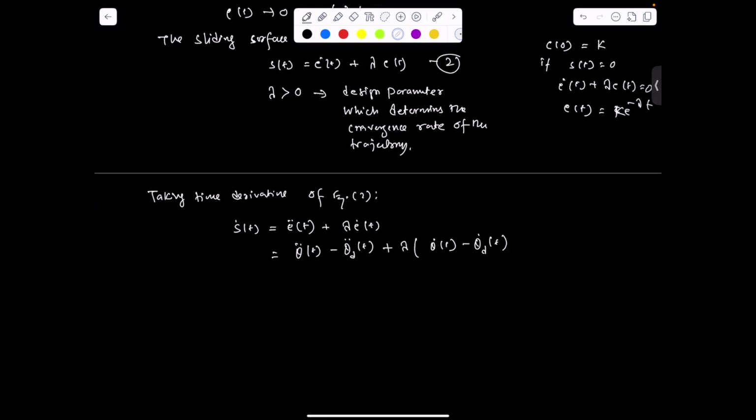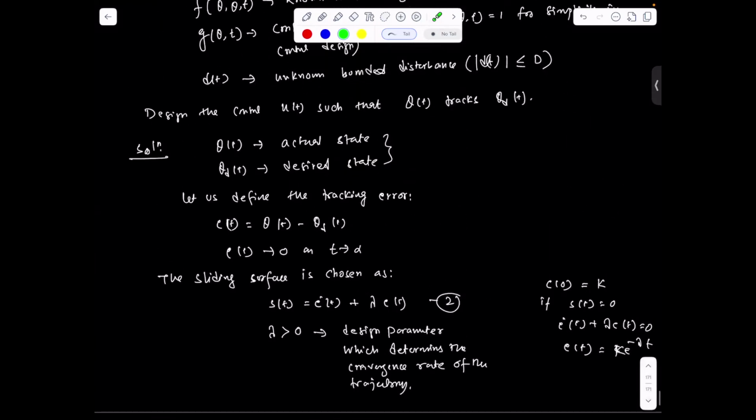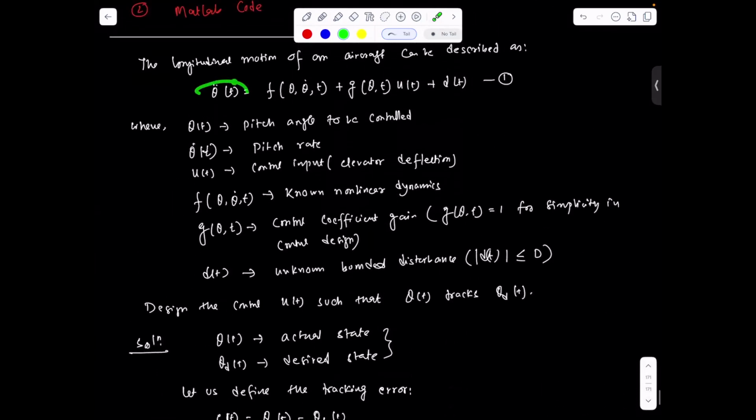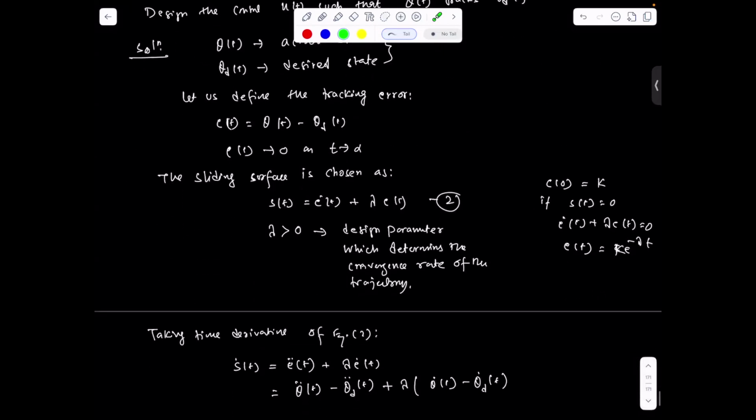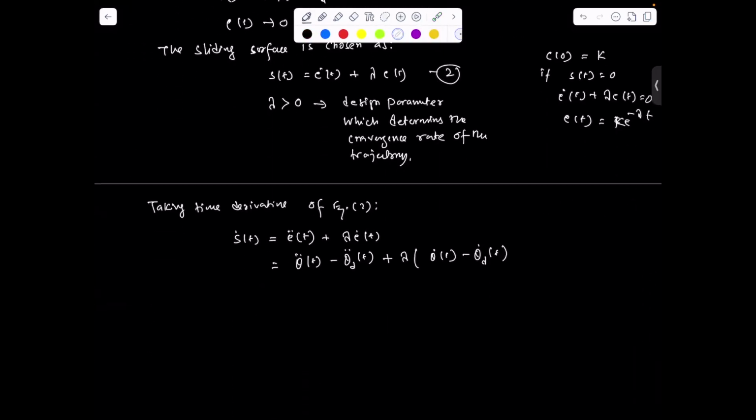We can keep this part as it is, because in the dynamics we have only theta double dot, right? So you can write e dot t.